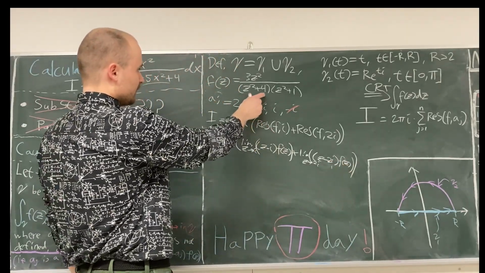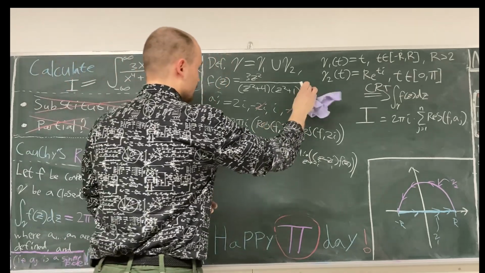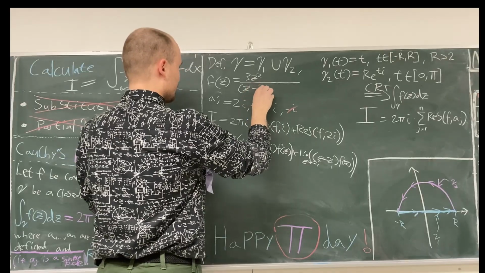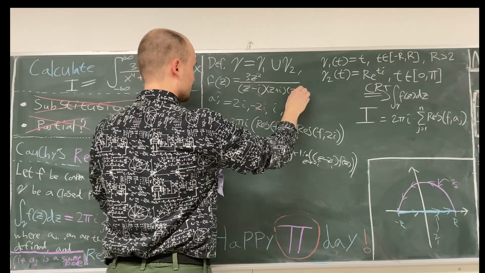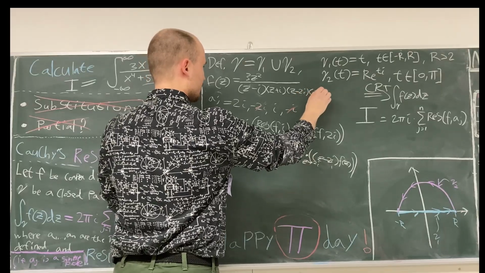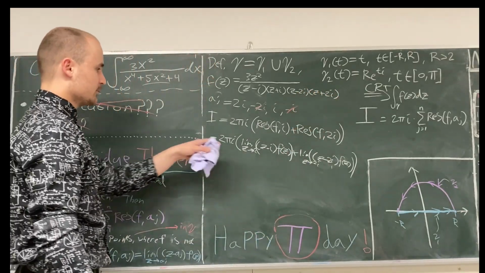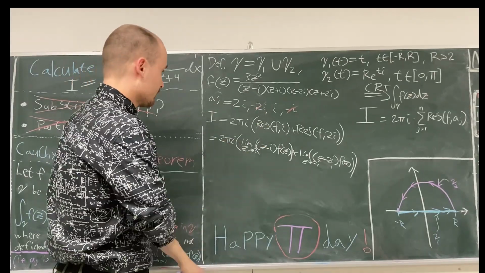So notice in f, well, we can factor f even more. We can write it as z minus i times z plus i times z minus 2i times z plus 2i. And then we can see that these two just cancel.